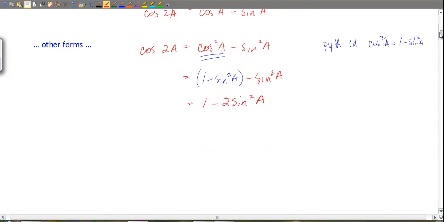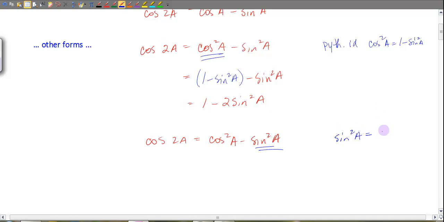And there's even one more where we're going to replace sine squared A. So let's do it one more time, just so you can see what's happening. Minus sine squared A. This time we're going to replace this with, again, the Pythagorean identity.